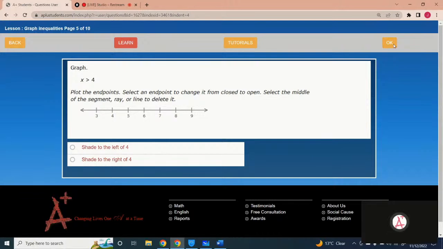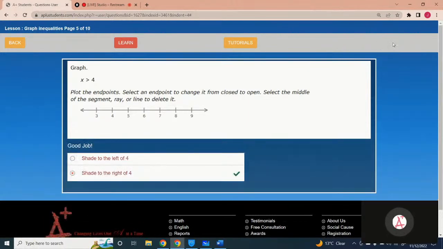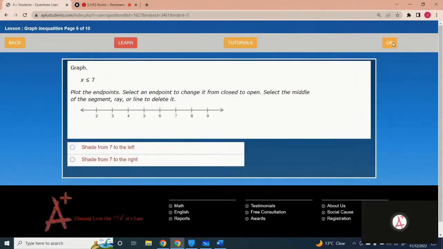X is greater than 4, so that means you are on the right hand side of the 4. Got it? Shade to the right of the 4, because all the numbers that are on the right hand side of the 4 are greater than 4. Got it? Okay.